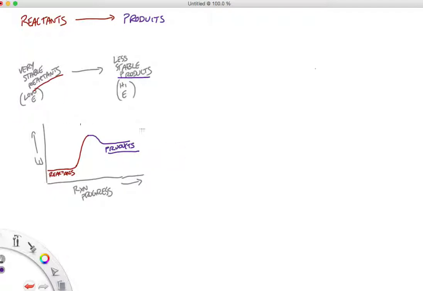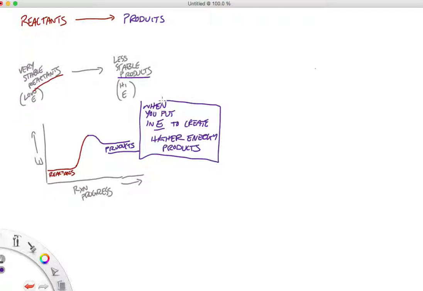So when you have to put in energy to create higher energy products, this whole process right here is an endothermic reaction.